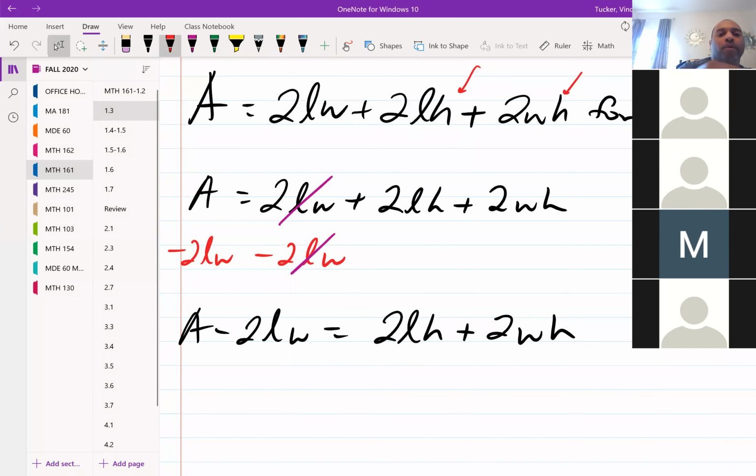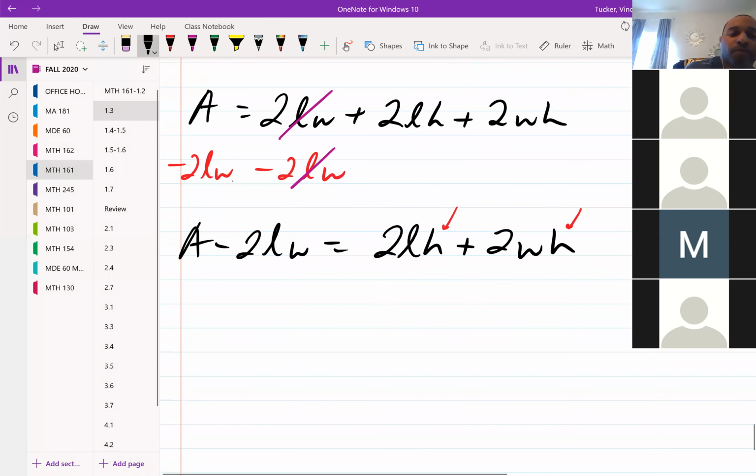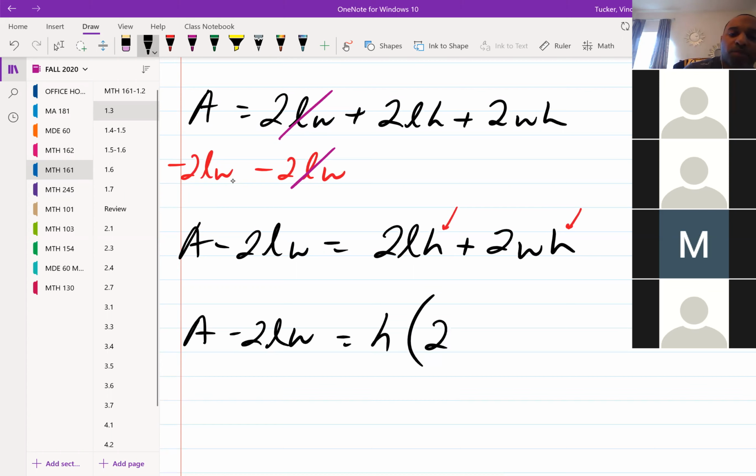All right. So now we have a similar scenario to what we had last problem. We have H in 2 different terms. So we want to factor out H. We want to pull H to the outside. So bringing H to the outside, that leaves me with 2L plus 2W in the parentheses.